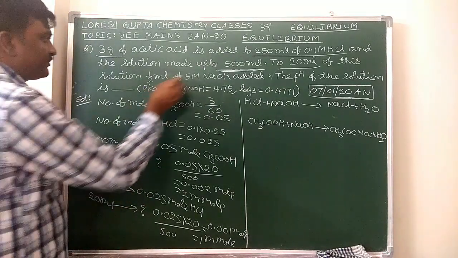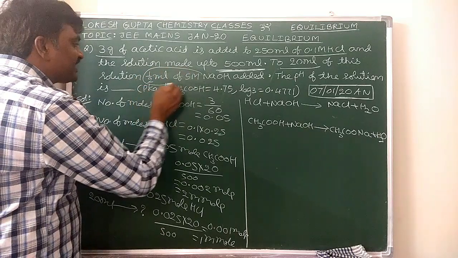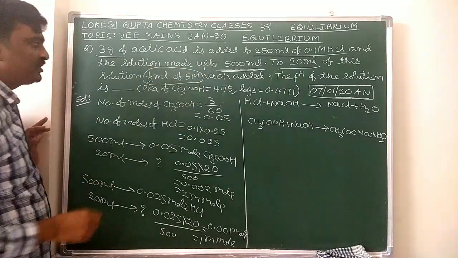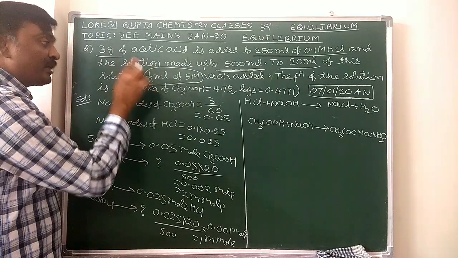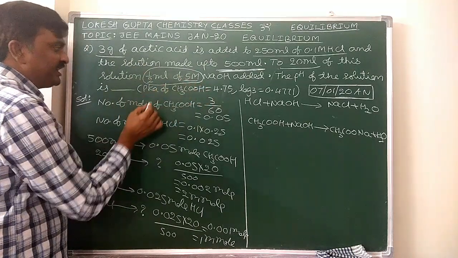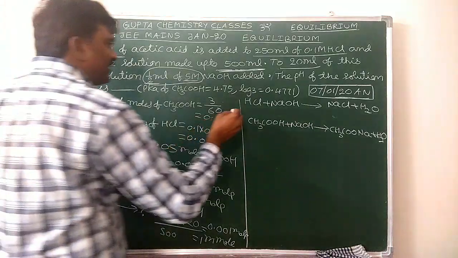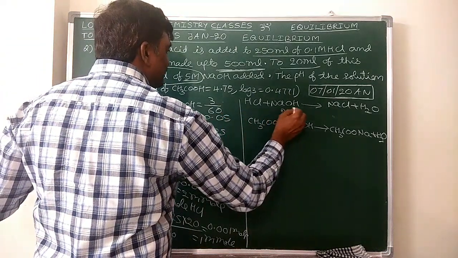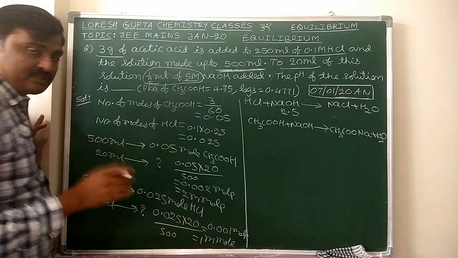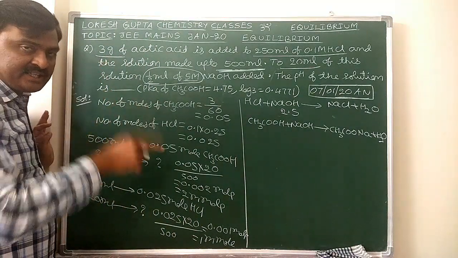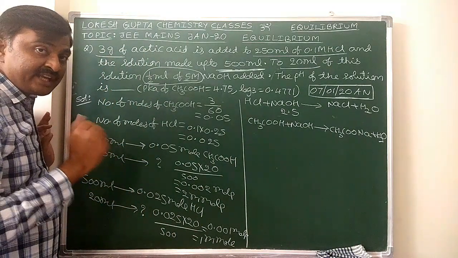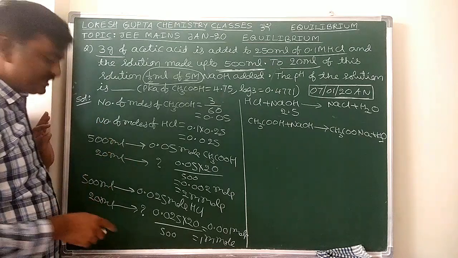Now, how much NaOH base is added to this? Number of millimoles equals molarity into volume in milliliter, so 2.5 millimoles NaOH base added. Now what I said? First, the added NaOH will react with the strong acid.